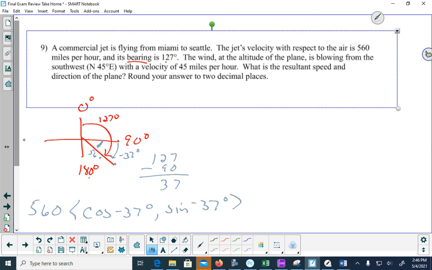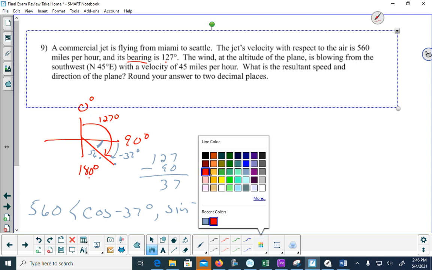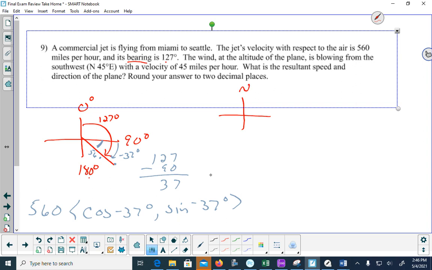It tells me that the wind at the altitude of the plane is blowing from the southwest, and it's going north 45 degrees east. So let's draw that. So here's north, west, east. Remember, it spells we. It's going northeast 45 degrees.